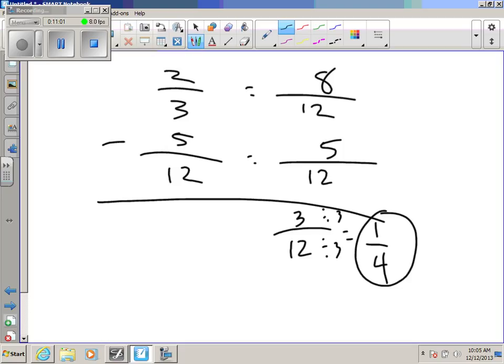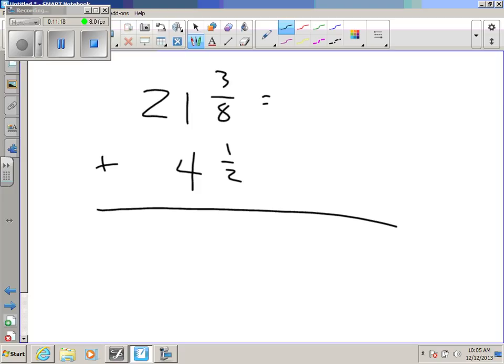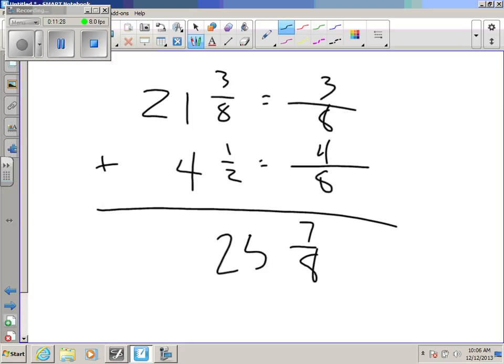Anything on 13? Yeah. So we're going to add. It was at 21 and 3/8. And we're going to add 4.5. Let's keep it at 8 and 4/8, 7/8, and 25.